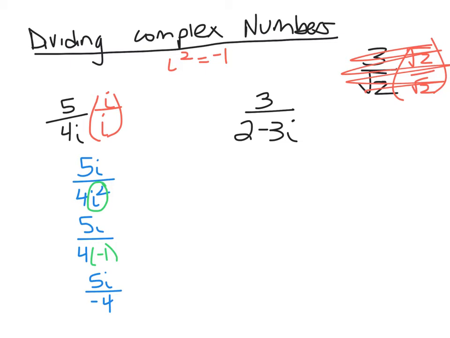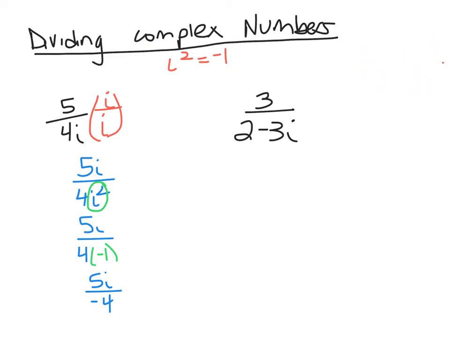When we have something that is a binomial in the denominator, we're going to have to use something called the conjugate, okay? And the conjugate will come back in another unit for us. For now, what you need to know is that it does happy things with imaginary numbers.